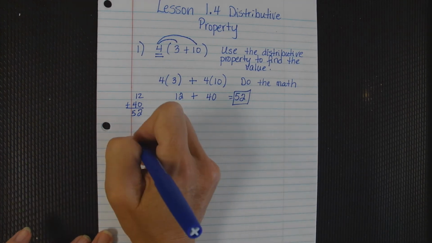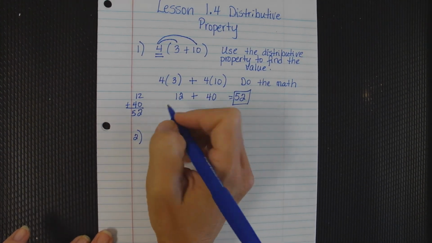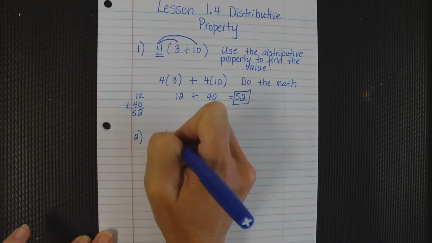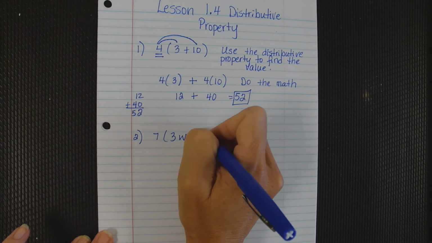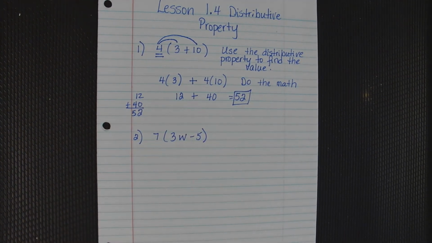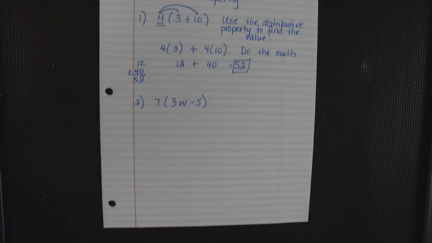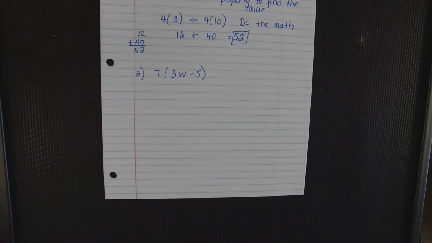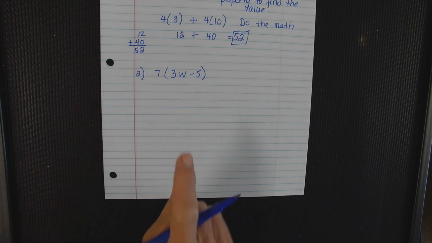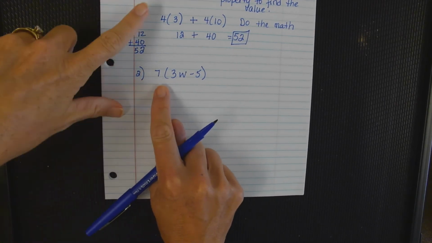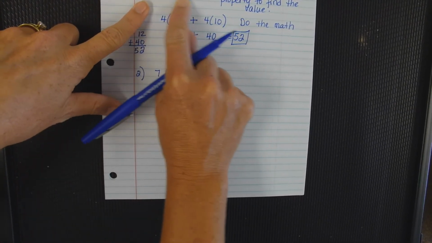Okay, I'm going to give you another example and you're going to see the difference. Look at example 2. What is the difference in example 1 and 2? There's a variable, good. I'm going to be honest and I'm going to tell you, you're not going to have many of these.